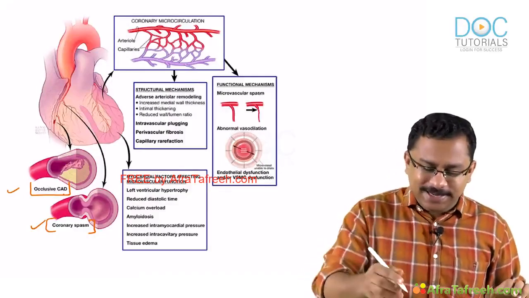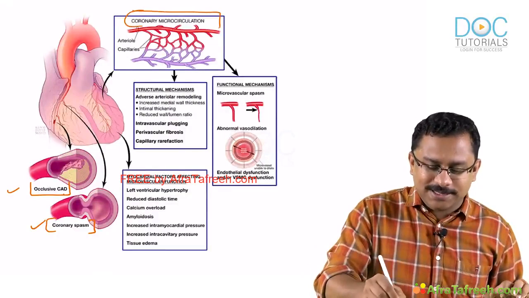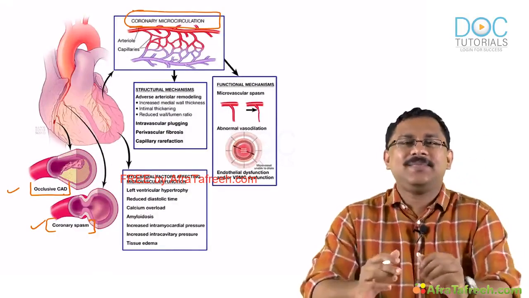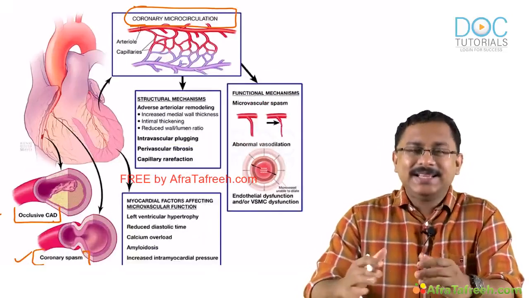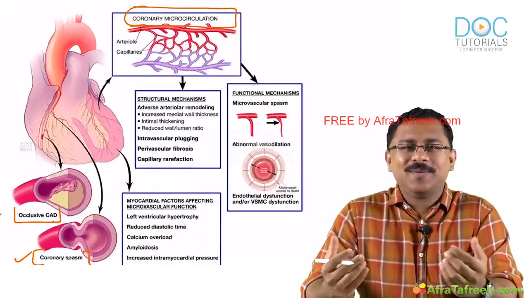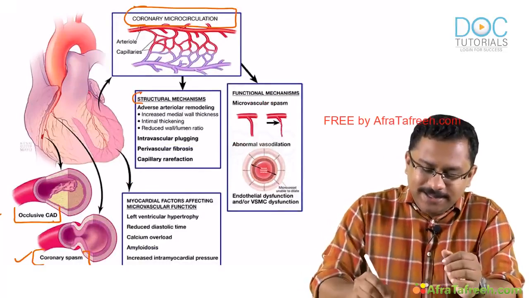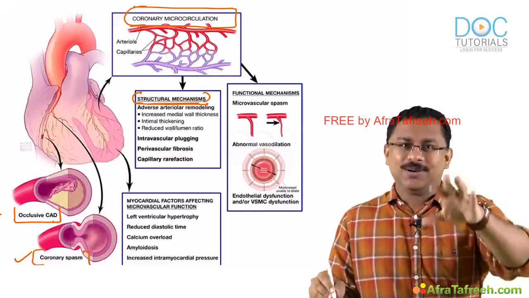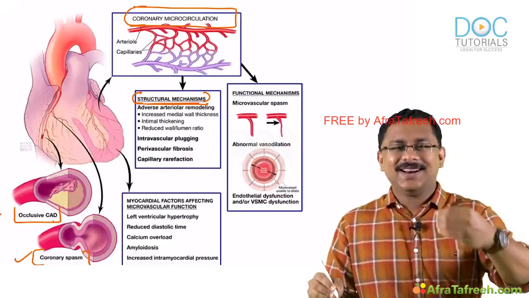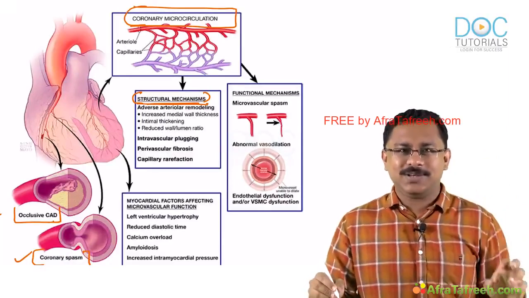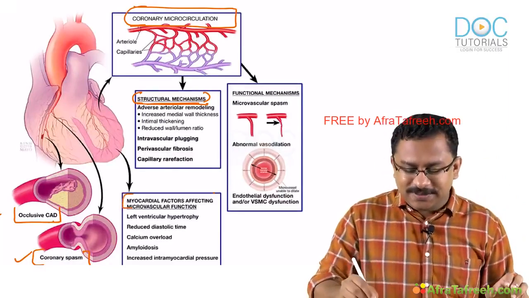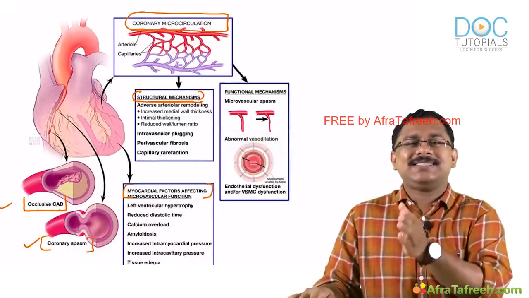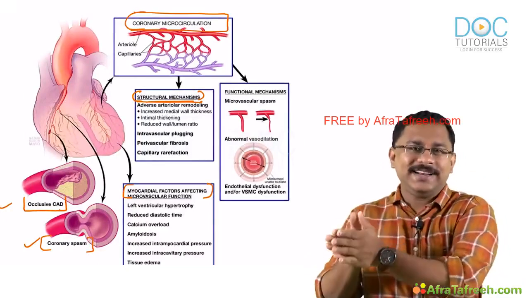But let's try to understand more about the coronary microcirculation here. The changes that can happen in the coronary microcirculation may either be structural mechanisms primarily affecting the microcirculation, or they can be due to other myocardial factors that indirectly result in microvascular dysfunction.